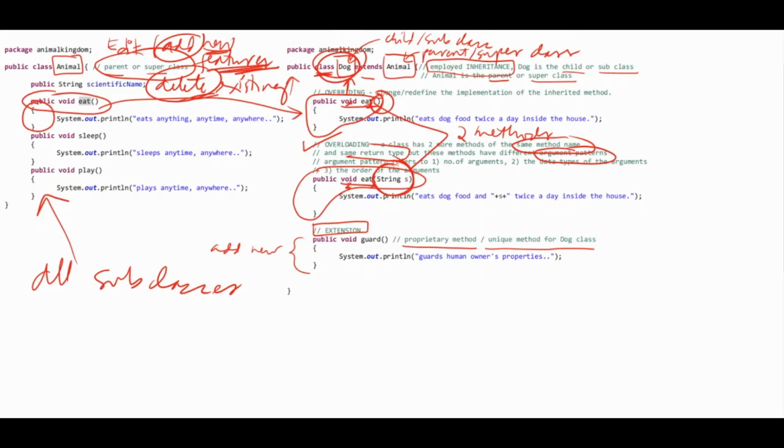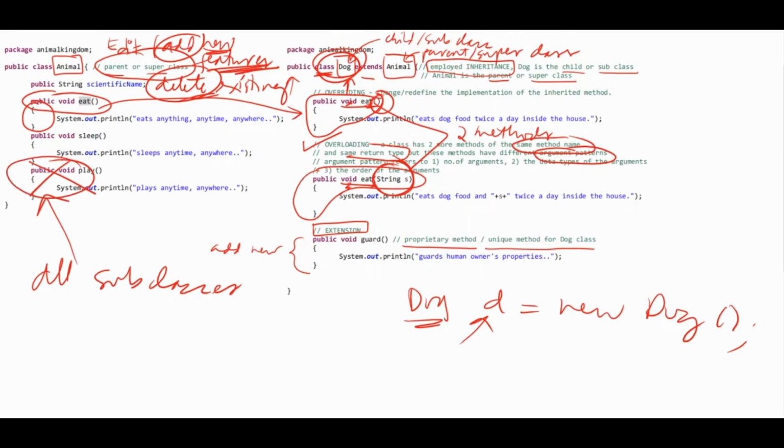Say for example, if we're going to delete play, then any instance of type dog will not also have this one.